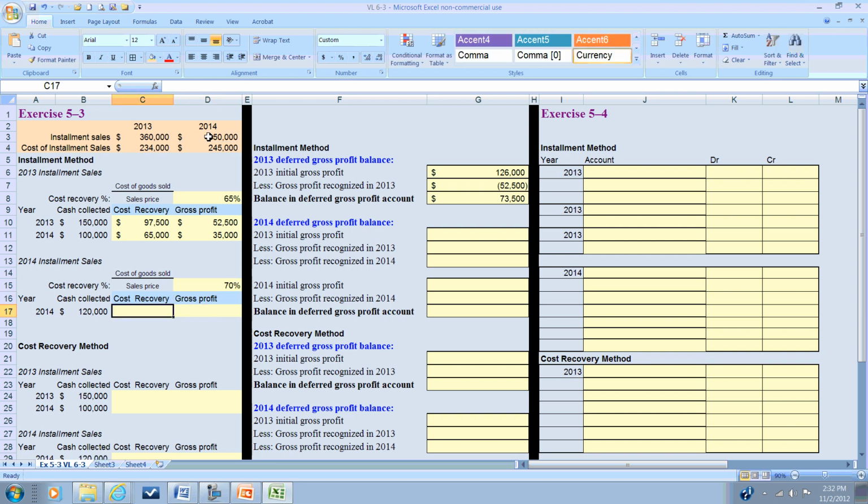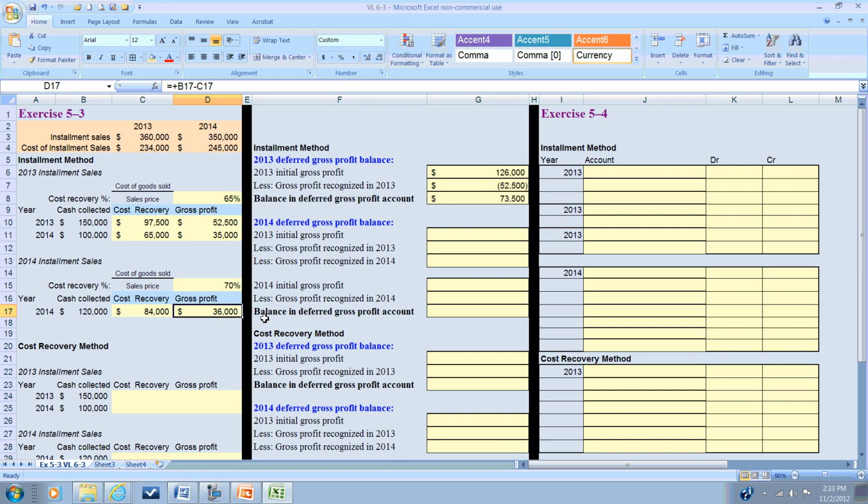So we have a 70% cost recovery. So in 2014, 120,000 was collected from customers, and our cost recovery is going to be 70% of that, or 84,000, and our gross profit will be 36,000.